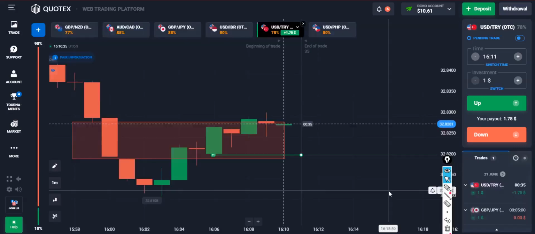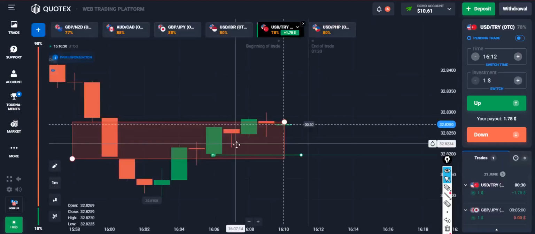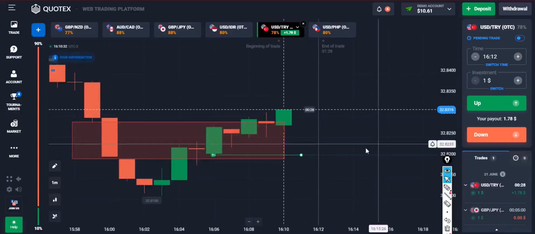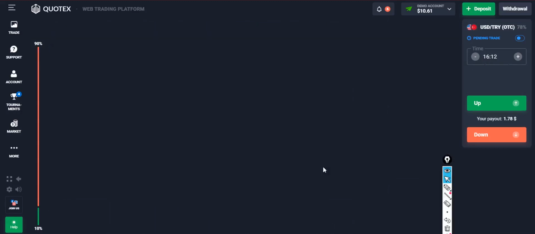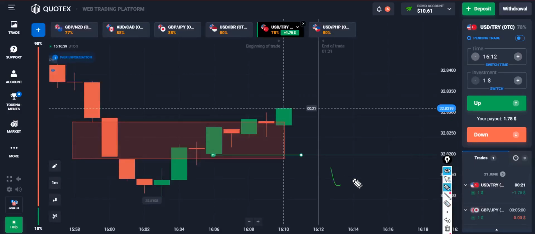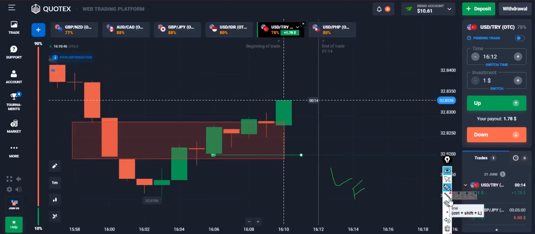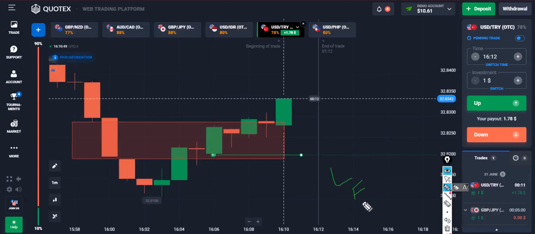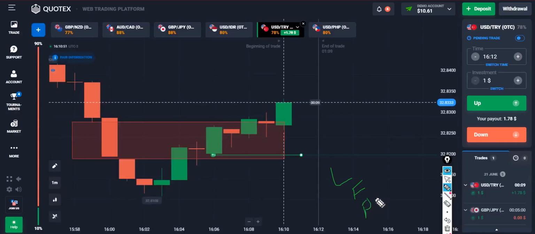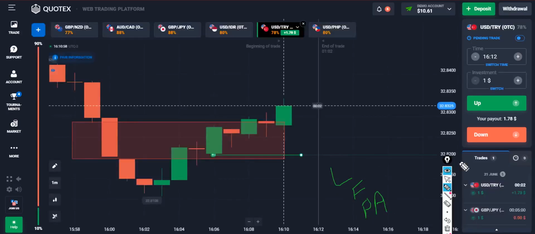Hopefully tomorrow or the next day I'm gonna use this same strategy in the live market. Currently I am just using the liquidity sweep concept and the fair value gap concept, and next I'm gonna add some price action strategies to this strategy as well, which will give me a better result, I think.